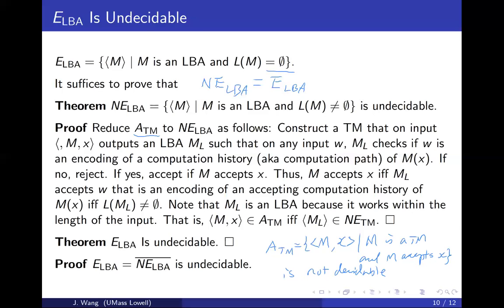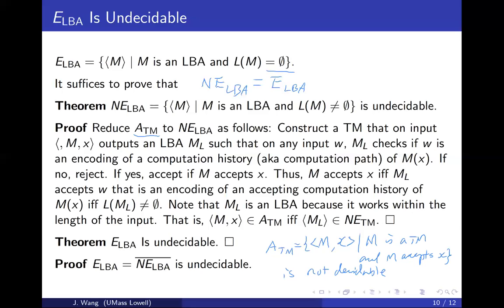We proved that A sub TM is not decidable by diagonalization. So now we are going to reduce A sub TM to NE sub LBA.